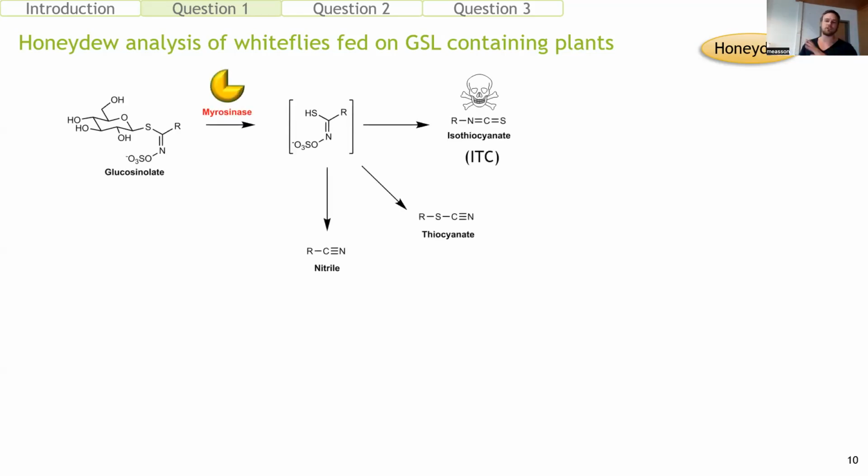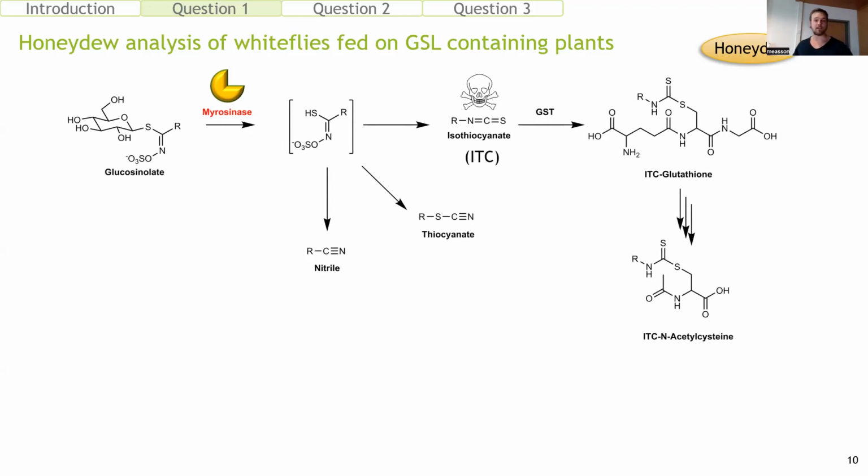And I want to return to this activation pathway of the glucosinolates, where you have your intact glucosinolate interacting with myrosinase, and you form these various toxic compounds, the most potent of which is the isothiocyanate. What I didn't show you before was that there exists a very ubiquitous method for detoxifying electrophiles, and that is the mercapturic acid pathway, which involves the action of glutathione S-transferases.